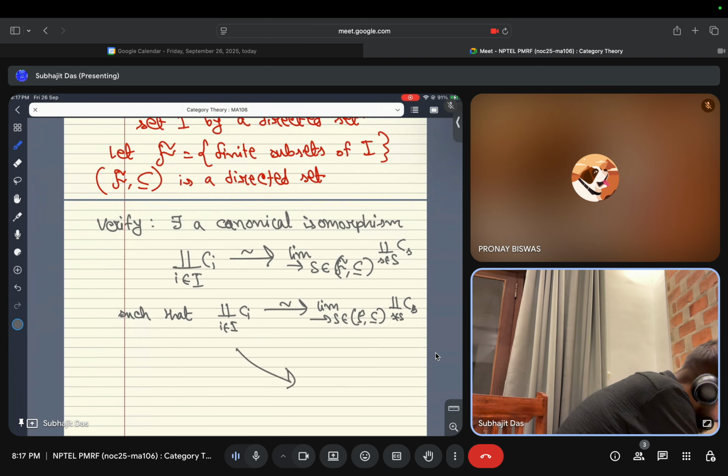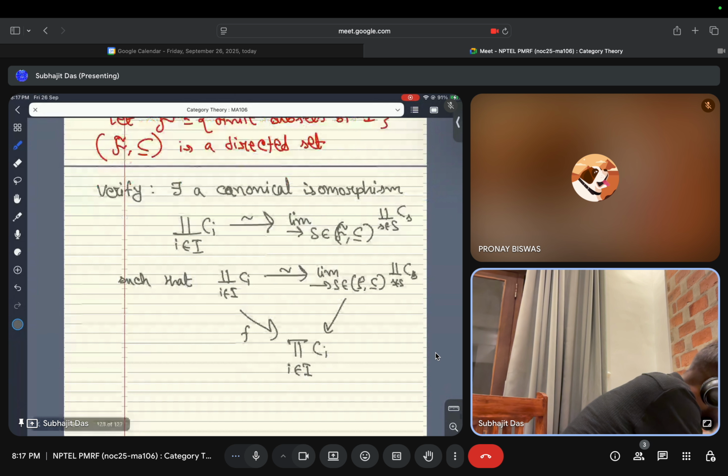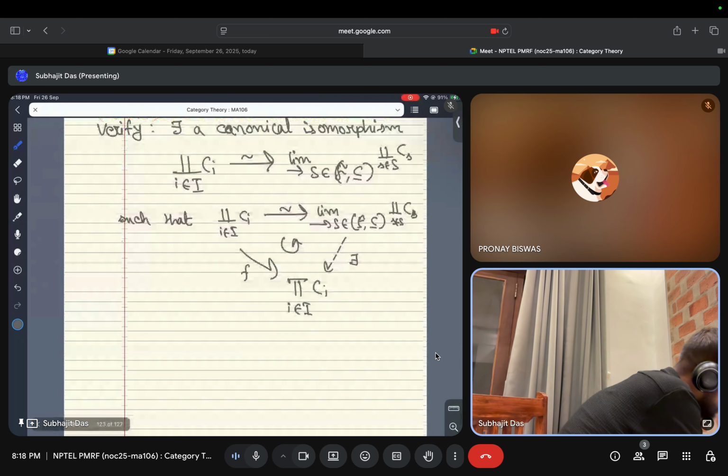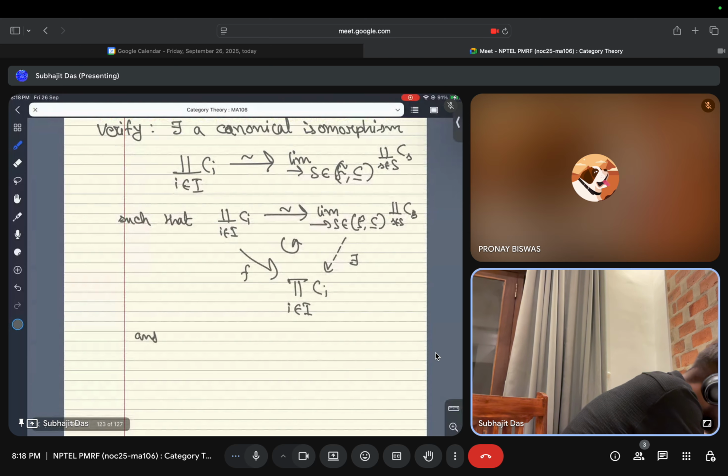We already have an arrow from this to the product, which we wanted to show is a monomorphism, and we also have an arrow from this to the product, such that this triangle commutes, and verify that.